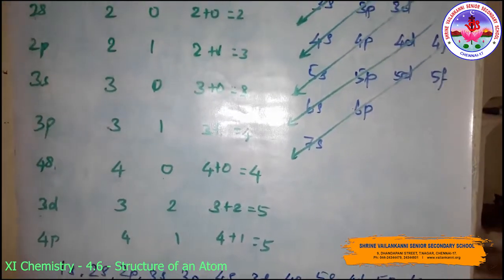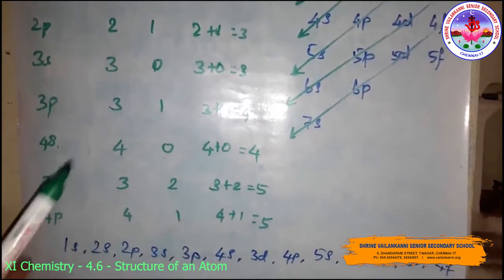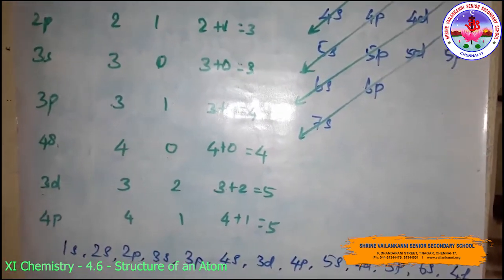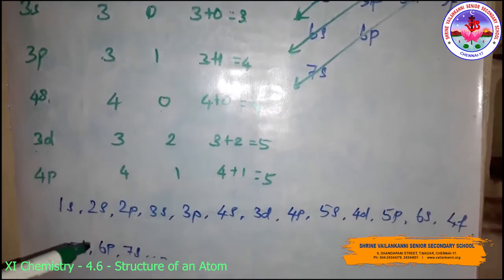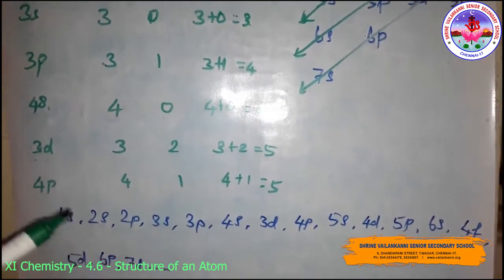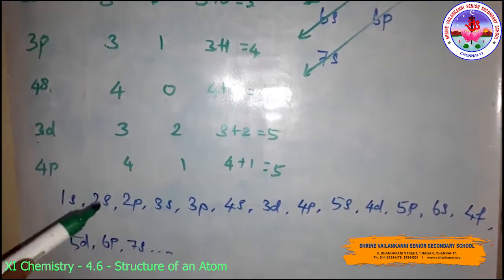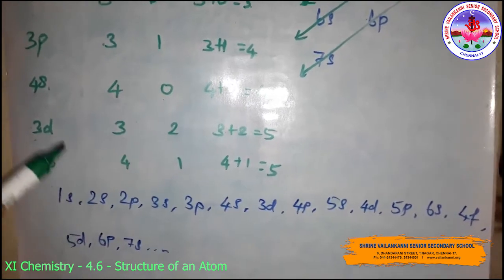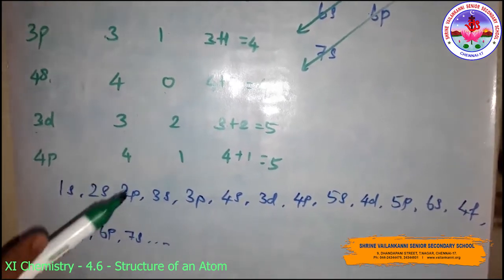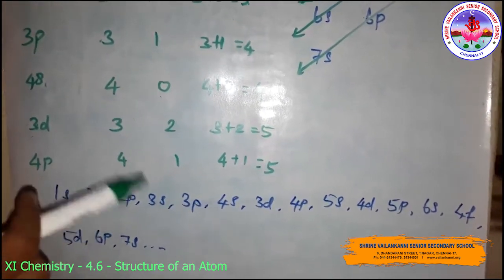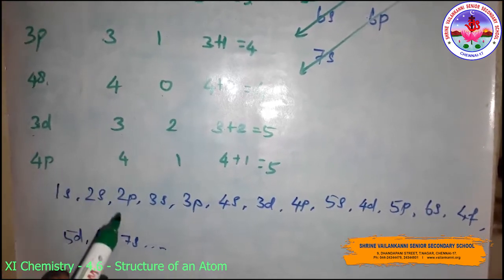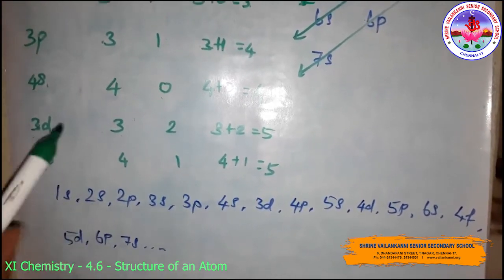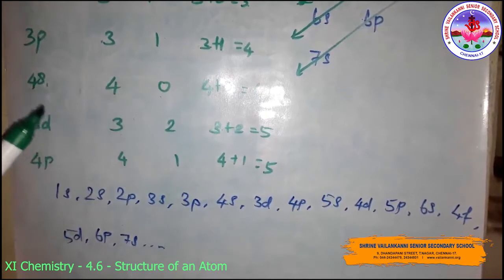Here the next is the Pauli exclusion principle. The number of electrons that are filled in the various orbitals is restricted by the exclusion principle given by Wolfgang Pauli. According to the principle, no two electrons in an atom can have the same set of 4 quantum numbers.